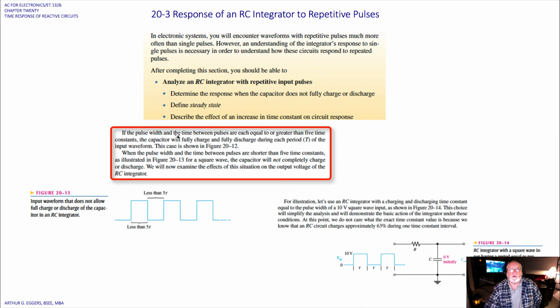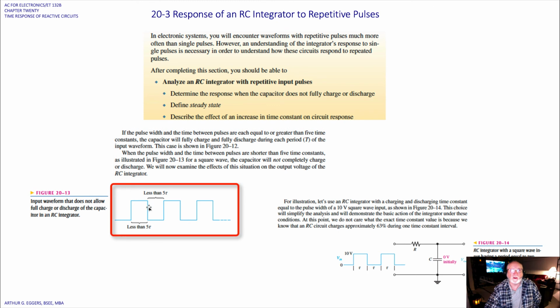If the pulse width and the time between pulses are each equal to or greater than 5 time constants, the capacitor will fully charge and fully discharge during each period, capital T, of the input waveform. When the pulse width and the time between the pulses are shorter than 5 time constants, as illustrated for the square wave, the capacitor will not completely charge or discharge. We'll now examine the effects of this situation on the output voltage of the RC integrator.